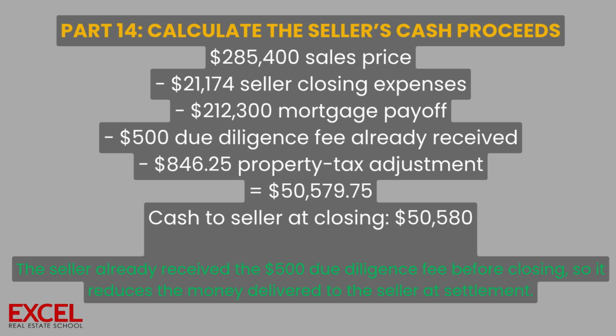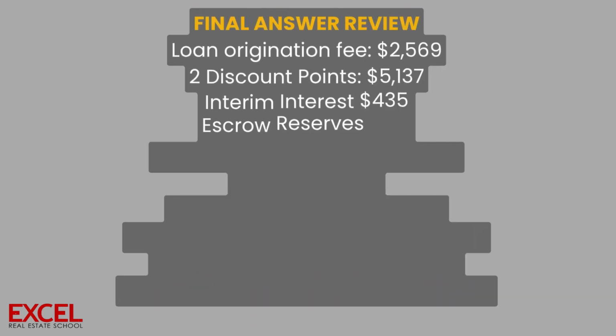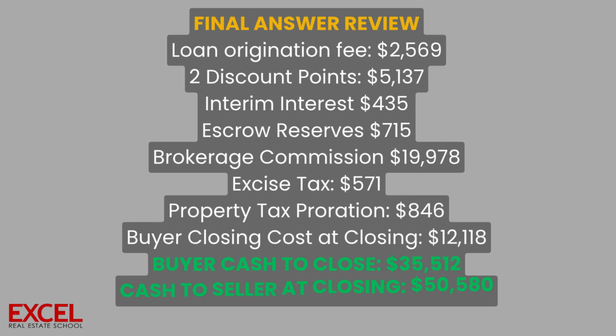So, final review. Loan origination fee, $2,569. 2 discount points, $5,137. Interim interest, $435. Escrow reserves, $715. Brokerage commission, $19,978. Excise tax, $571.